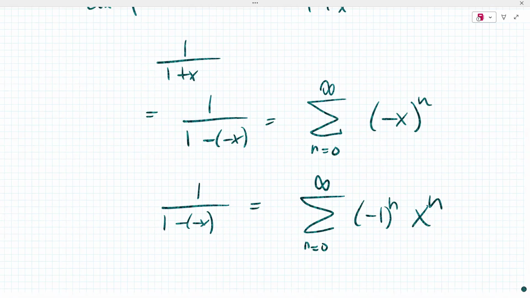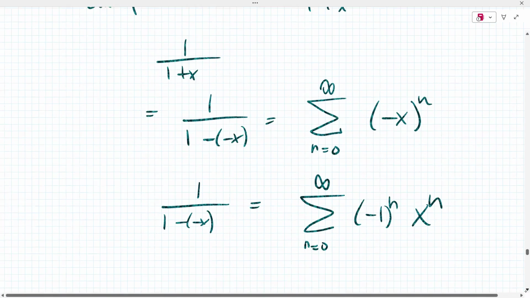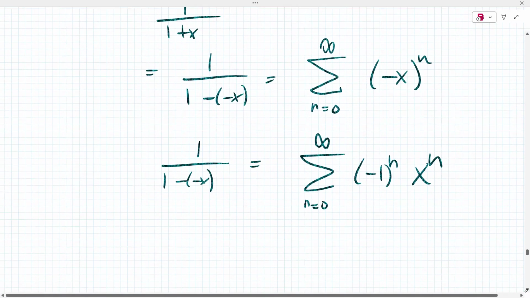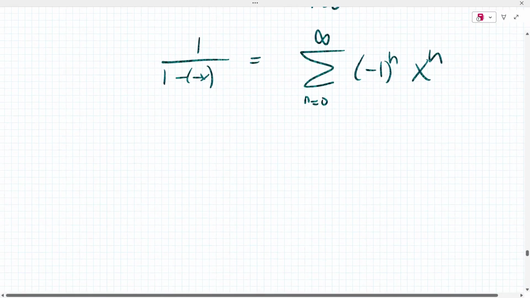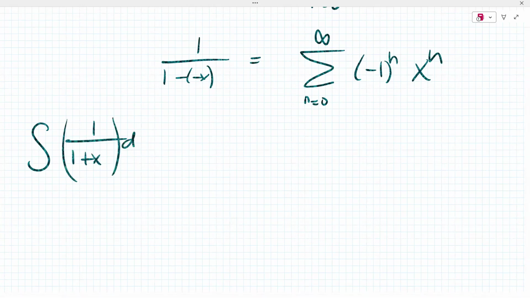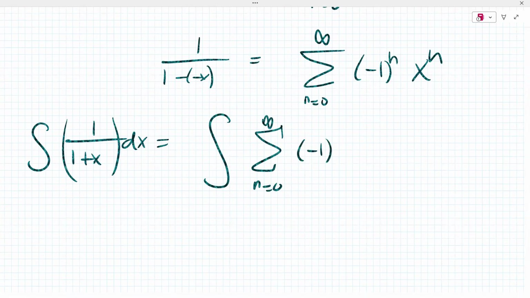So what we would do next is take the integral of 1 over 1 plus x. So the integral of 1 over 1 plus x dx is equal, now you have to take the integral of both sides, right? So the integral of the summation of n equals 0 to infinity of (-1)^n times x^n dx.